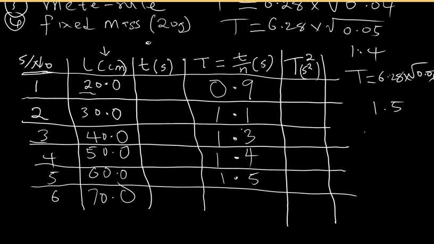Then finally, T is equal to 6.28 times the square root of 0.07.